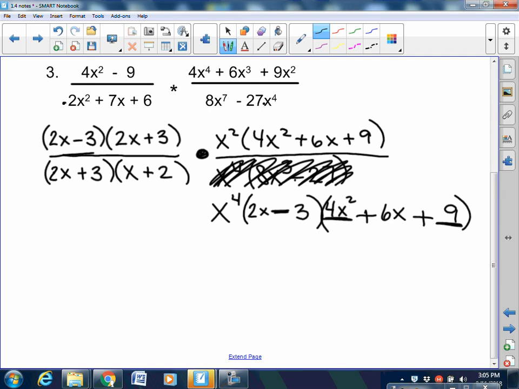Now that everything is factored, anything is game in the numerator with anything in the denominator, right? You're looking for the same things in the numerator as in the denominator. These two are the same. The 2x plus 3 is in the numerator, and the 2x plus 3 is in the denominator, so you can cancel them out.